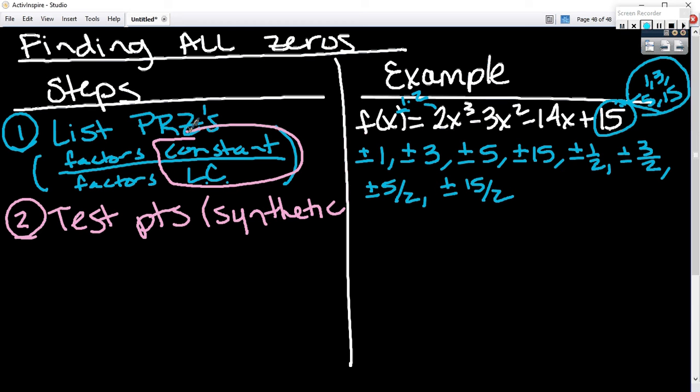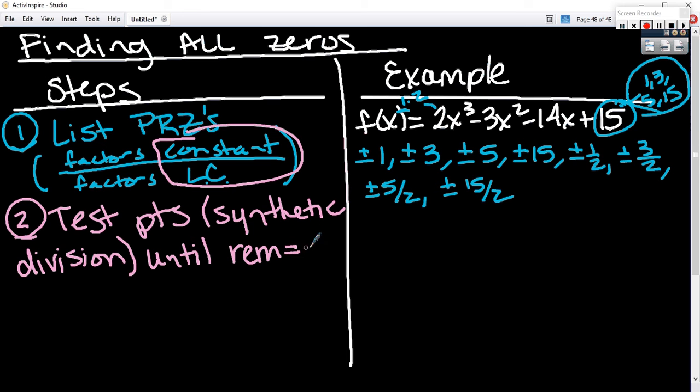So we're going to test these points using synthetic division until we get to one that has a 0 remainder. Remainder equals 0. Because a remainder of 0 tells us that that's a 0 and it's a factor, right? That's what we talked about yesterday.